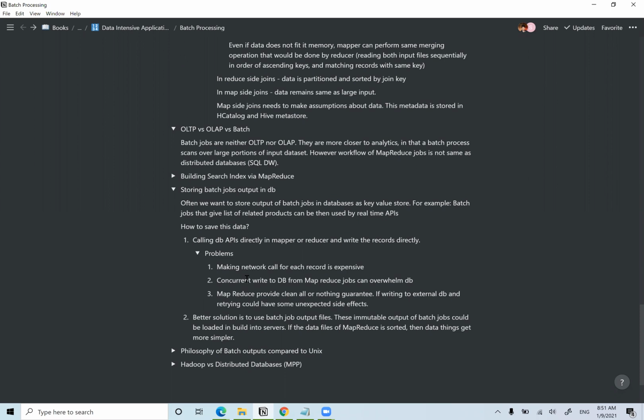And also, as we have discussed, MapReduce jobs themselves have this thing about all or nothing. Either they will fail completely and remove all the intermediate outputs they have, or they will produce your entire output. They will never produce incomplete or intermediate data, right?